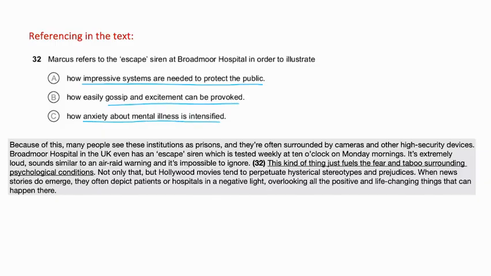Okay, so what we're trying to do is find the escape siren. So why does he mention the escape siren? Is it to show how impressive systems are needed? Is it to show how easily gossip and excitement can be provoked? Or is it to show how anxiety about mental illness is intensified?